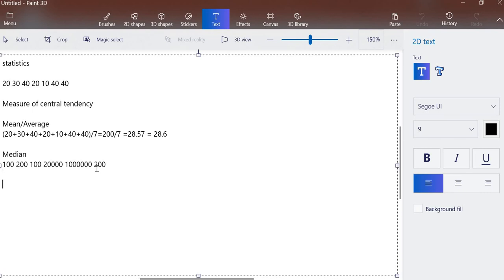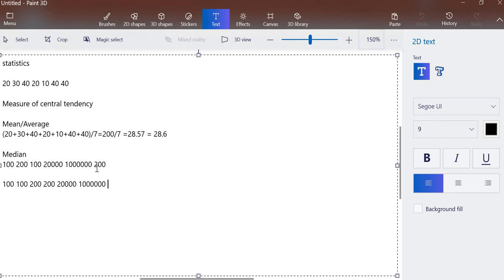So in this case, we go ahead and find out the central tendency as median. So in case of median, how we find the median is we arrange them in ascending order. So 100, 100, 200, 200, 20,000, 1 million. So as we have an even number of numbers, that is 6, we go ahead and find out the median value of those numbers.